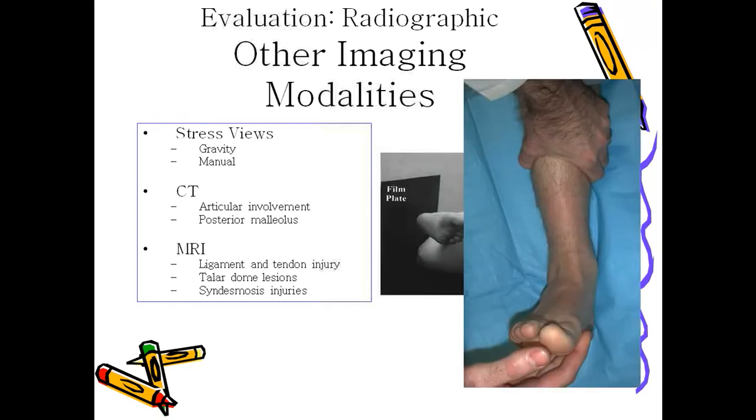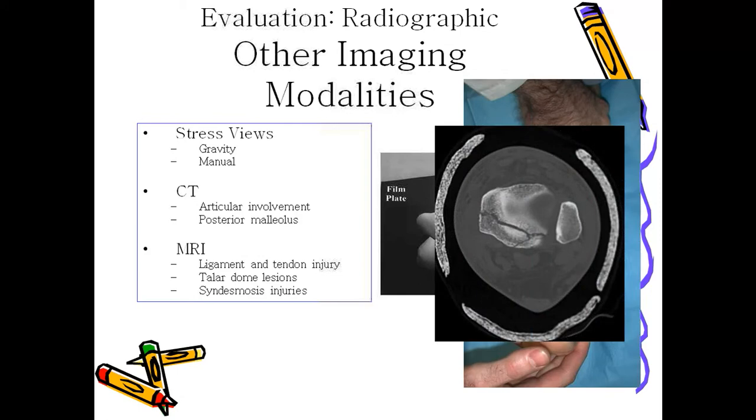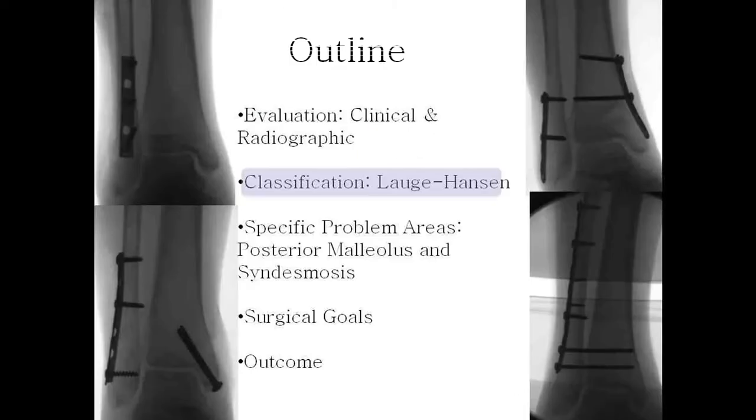So this is a view. See, there is involvement of the intra-articular region, talar dome. So evaluation must be done clinical as well as radiographic. Both must be correlated, and the classification is Lauge-Hansen classification, which is very important.